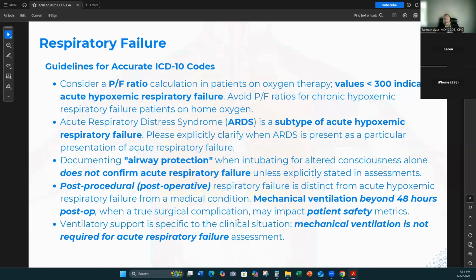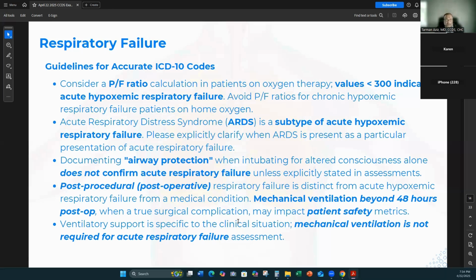Furthermore, airway protection is not a good description of any kind of true acute hypoxemic respiratory failure. If you're educating a provider verbally on this topic, you may ask the provider if the patient has the endotracheal tube removed, could they breathe using their own respiratory effort?